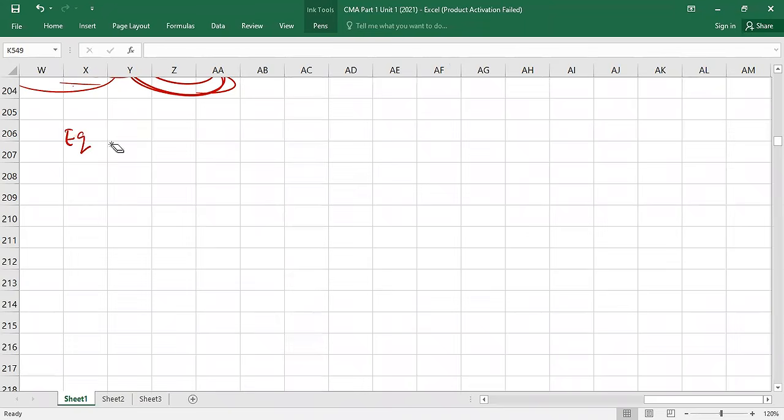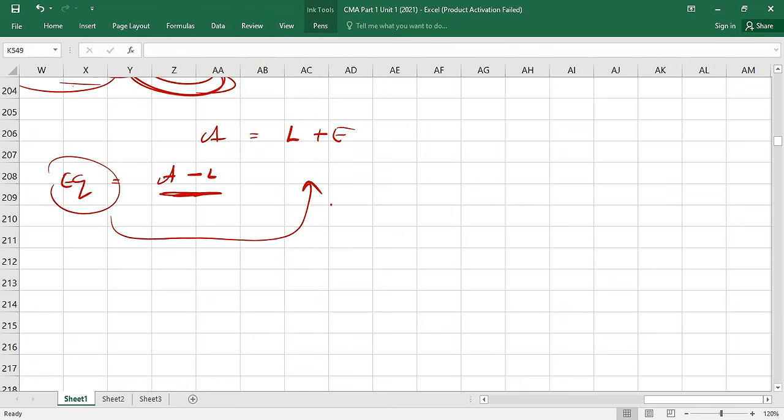Do you remember the accounting equation? Assets equal liabilities plus equity. If I want equity, how will I get it? Assets minus liabilities. So the same thing is written in English. Equity is defined this way.